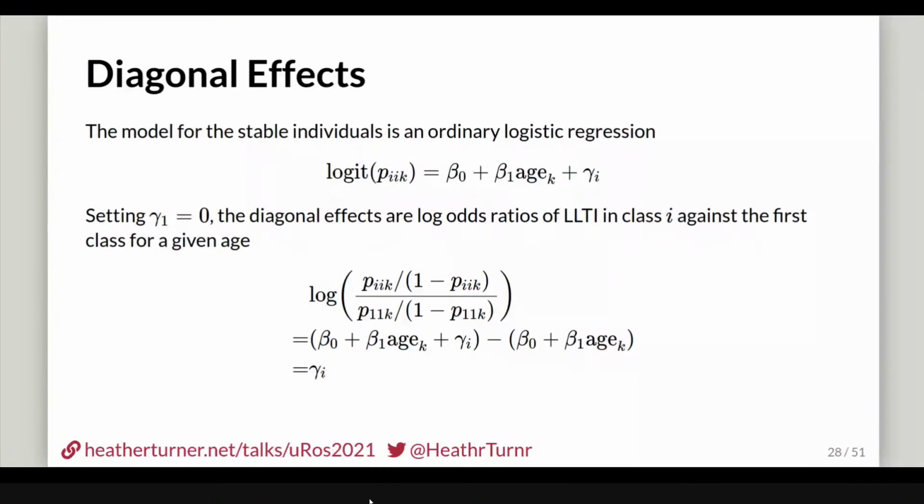And if we set the diagonal effect for the first class to 0, then these diagonal effects are the log odds ratios of long-term limiting illness in a particular class against the first class for a given age. And I just show that here. So this is a log odds ratio of LLTI in some class i compared to the first class, and the beta 0 and the beta 1 times age cancel out, and so we're just left with the gamma i, because the gamma 1 is 0.